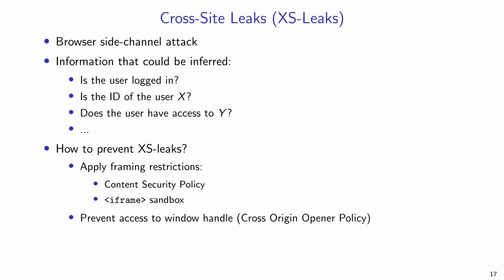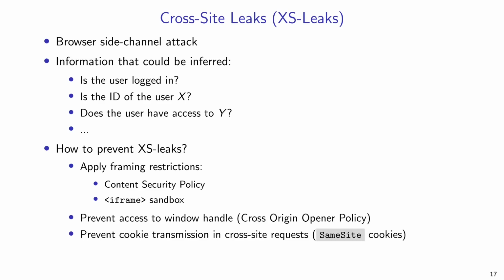Then, we can prevent cookies from being sent along with cross-site requests using what are called same-site cookies. We will cover this in more detail in the next lecture, but the key idea here is that most access leaks rely on the fact that browsers can send authenticated cross-site requests, meaning that session cookies are included in these requests. To block that behavior, our site can use same-site cookies, which will not be included in such cross-site requests.